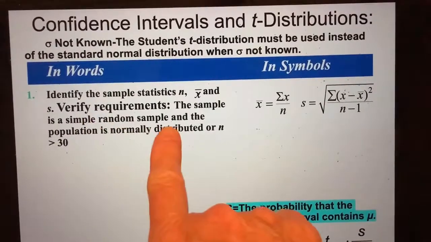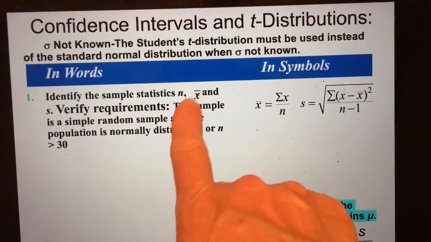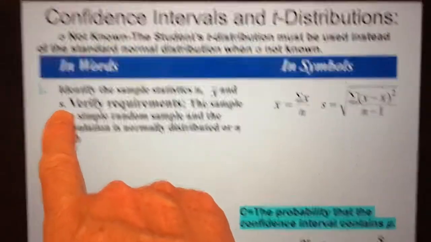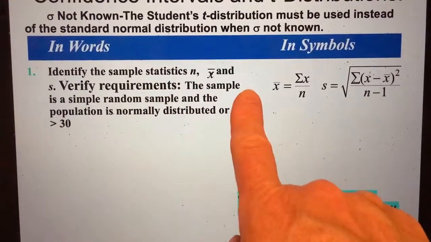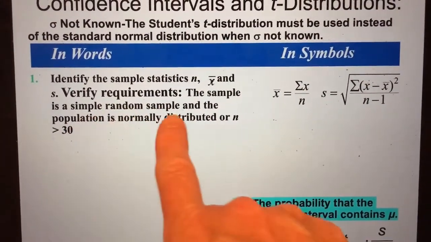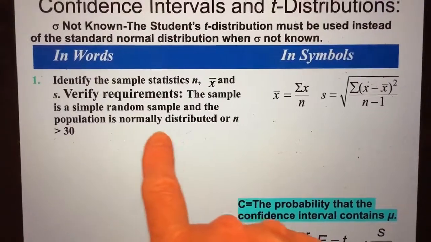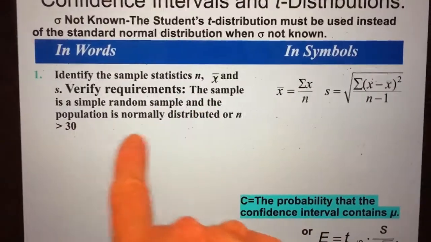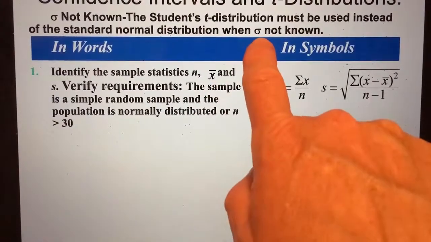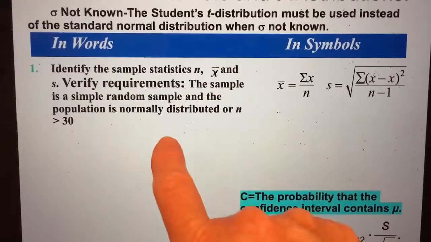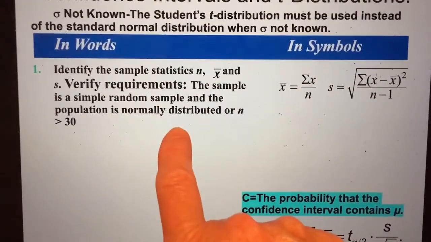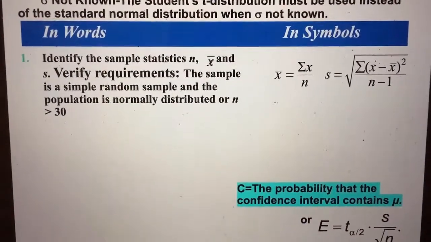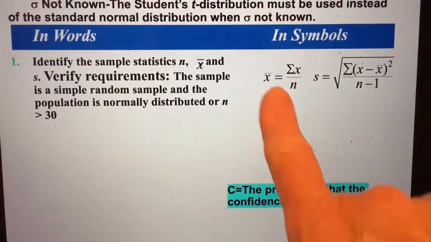Okay, so first, identify our sample statistics, our n, our x bar, and our sample standard deviation. Okay, verify the requirements. Verify that we have a simple random sample and that the population is normally distributed, or n is greater than 30. Those are still the requirements, even though we don't have a standard deviation known. We are going to still be able to use the T-distribution because we are normally distributed. We're going to do a lot about the T-distribution in just a minute, so you know what we're talking about.